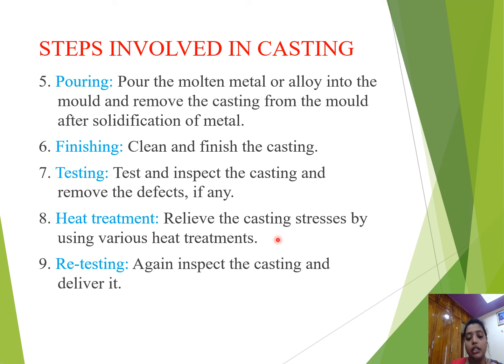Again, if we have any defects, it will go back to the testing process. Again inspect the casting and deliver it. If any defects are there, we will remove those defects and it will again go through the manufacturing process, and after the requirement of the customer is met, it will be delivered to the customer. This whole process is known as casting, and these are the main steps involved in casting.